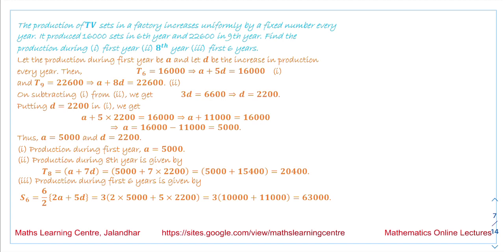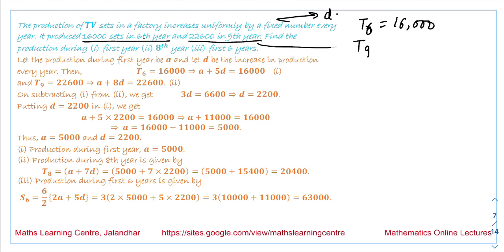Suppose the fixed increase in the production is D. If it produced 16,000 sets in the 6th year and 22,600 in the 9th year, so T6 is 16,000 and T9, that is in the 9th year, is 22,600. We have to find the production during the 1st year, the 8th year and the first 6 years.